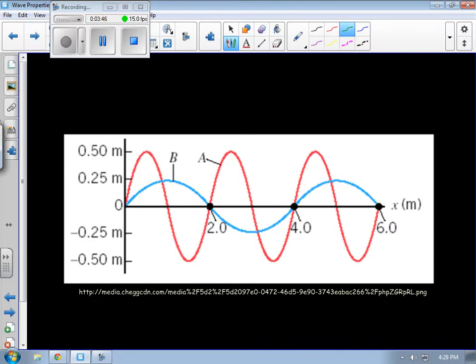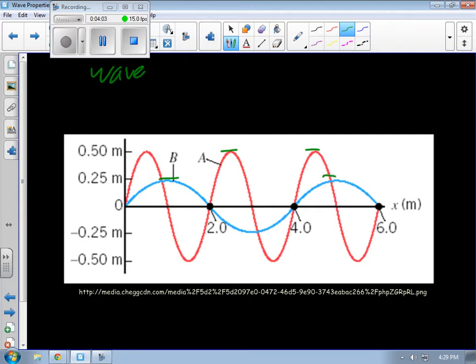Another thing you probably noticed is that the distance between red waves is shorter than that for blue waves. So the distance between two points on a wave is called the wavelength.